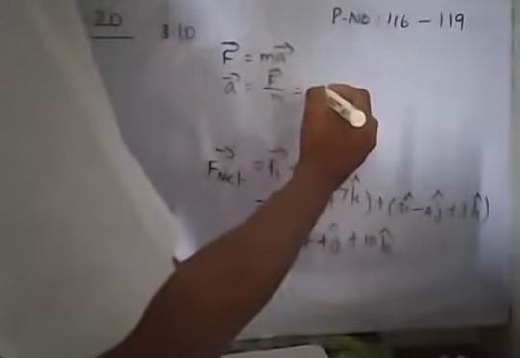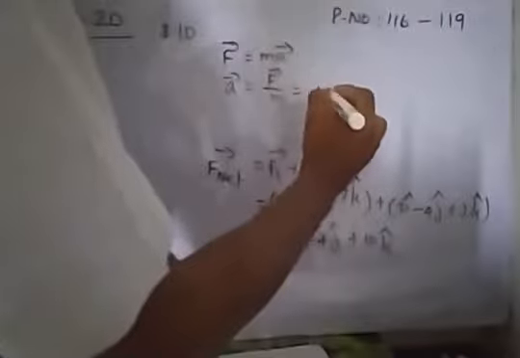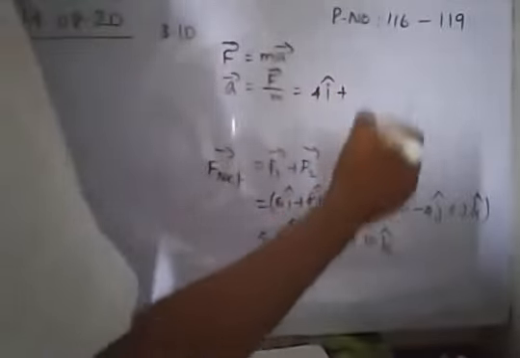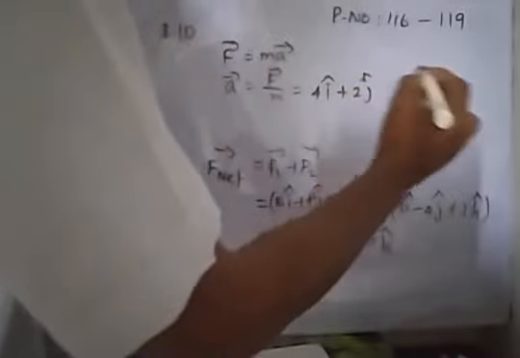Therefore, 8 divided by 2, 4 i cap, plus 4 divided by 2, 2 j cap, plus 10 divided by 2, that is 5 k cap. It is the acceleration experienced by the particle.